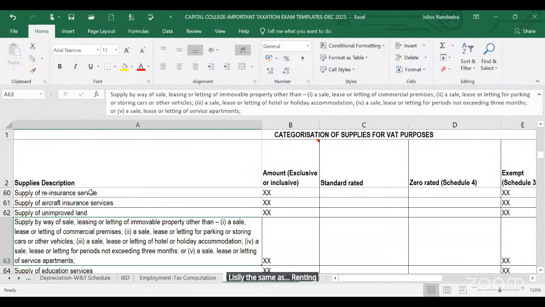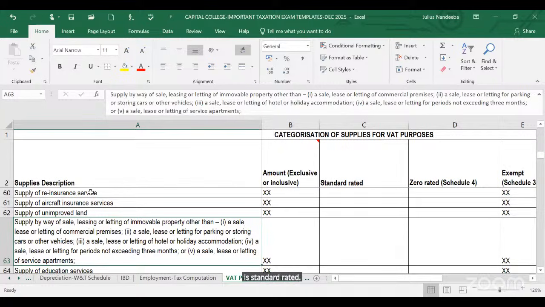When you sell or lease out commercial premises, it becomes standard rated. That's why the guys in arcades are charging rent, whereas the guys with apartments where we sleep, they don't charge VAT, because we are saying sale or lease or letting of commercial premises is standard rated.